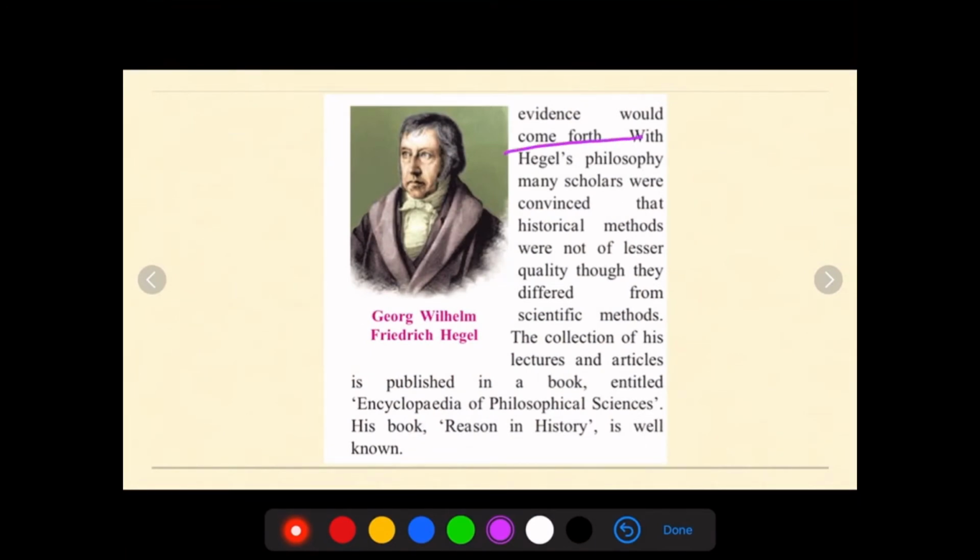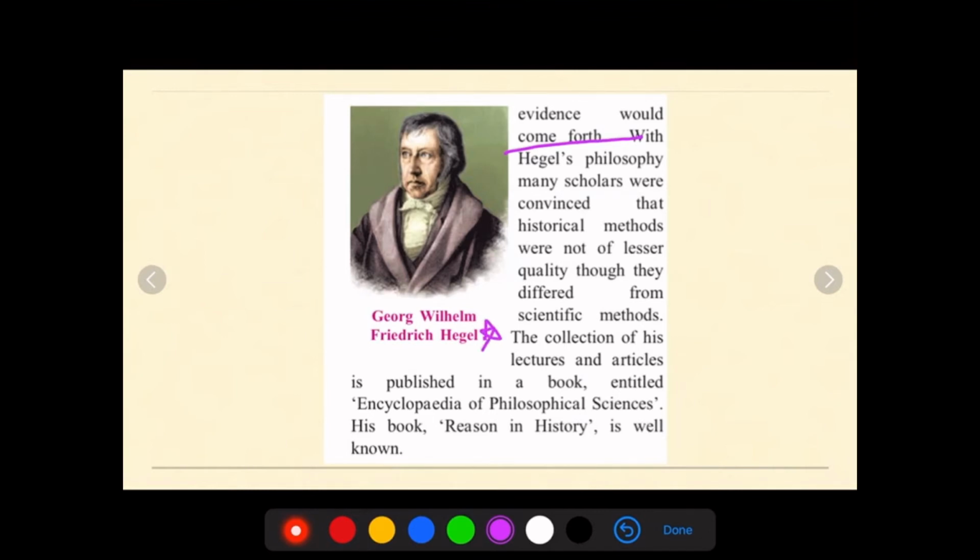With Hegel's philosophy, many scholars were convinced that historical methods were not of lesser quality, though they differed from scientific methods. Historical methods of research are also as important as scientific methods.